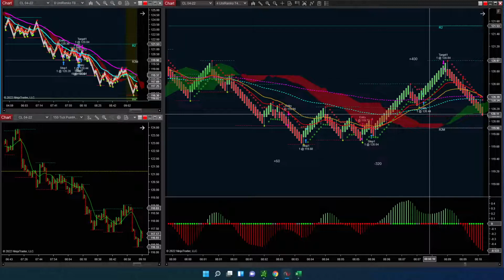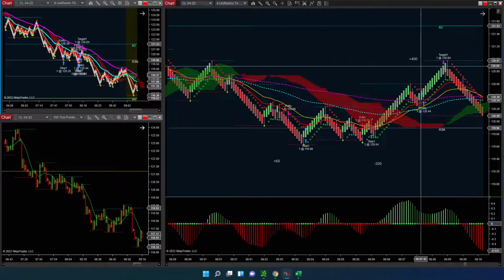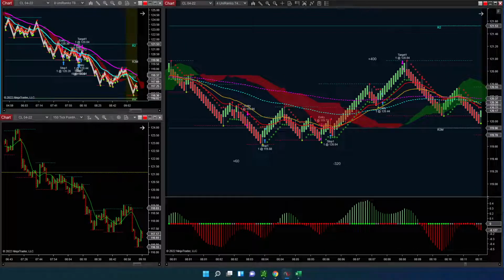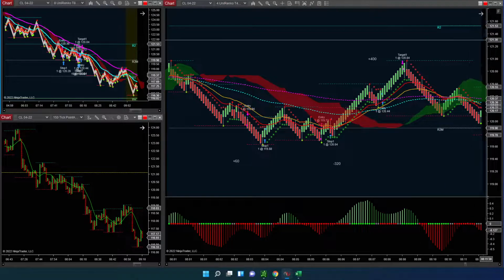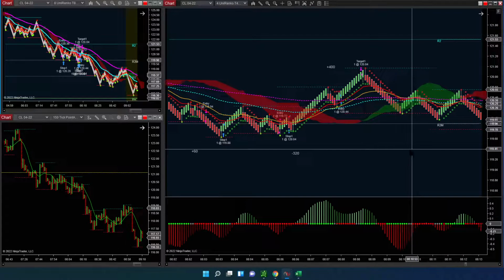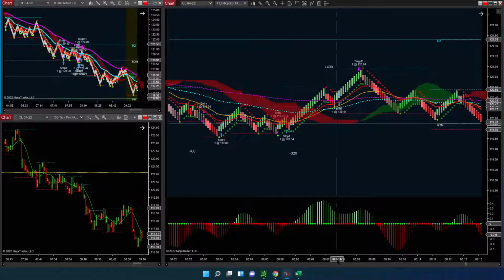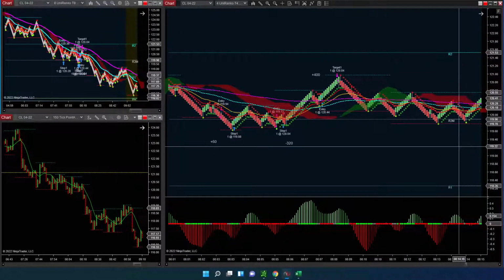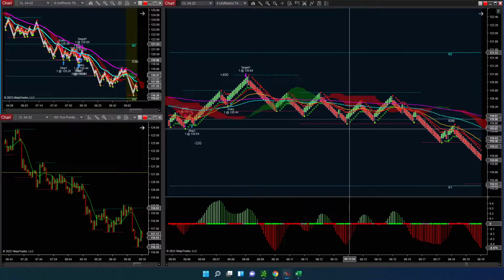So from 120.44 to 120.84, it's $400, and then the market reversed. And now I am at a $240 profit in crude. Since it was choppy in the morning, I thought it was going to be choppy the rest of the day, so I didn't take any more trades.